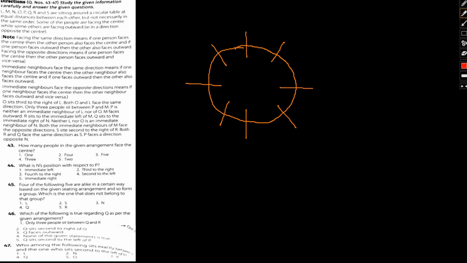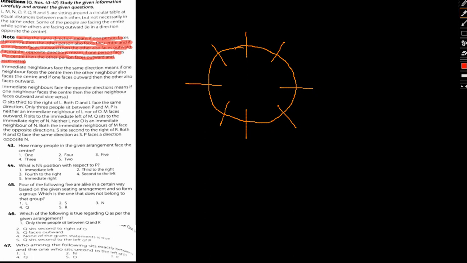Let me highlight the note. Facing the same direction means that if one person faces the center, then the other person also faces the center, and if one person faces outside, then the other person also faces outside. Facing opposite direction means if one person faces the center, then the other person faces outwards and vice versa.